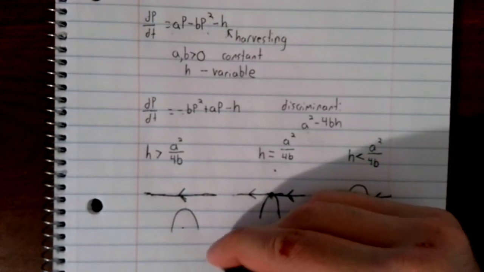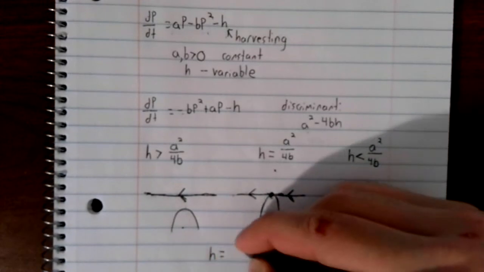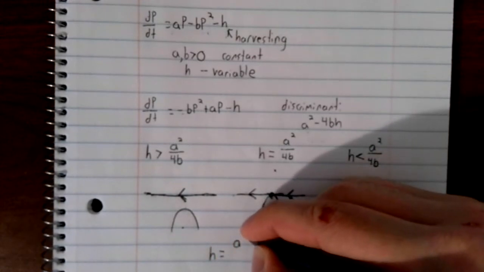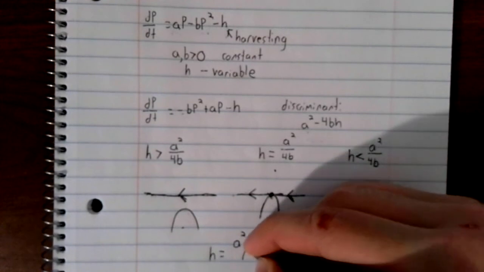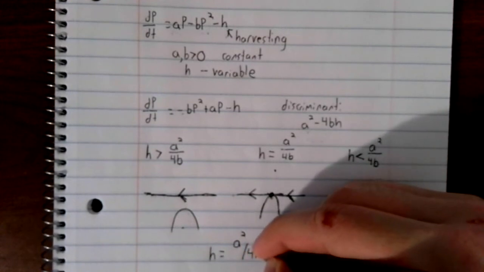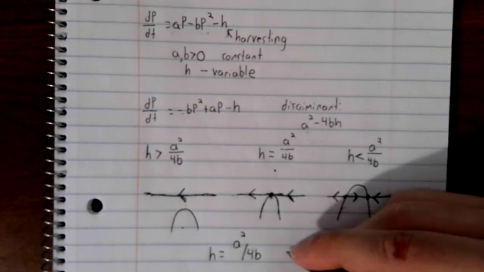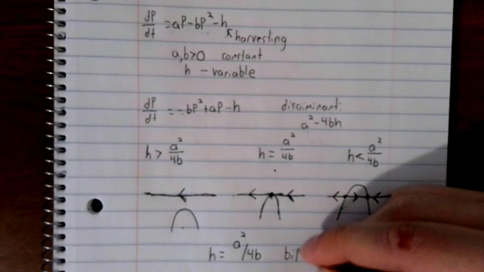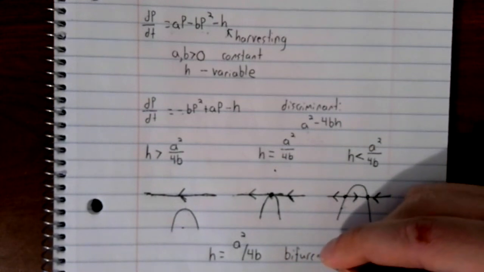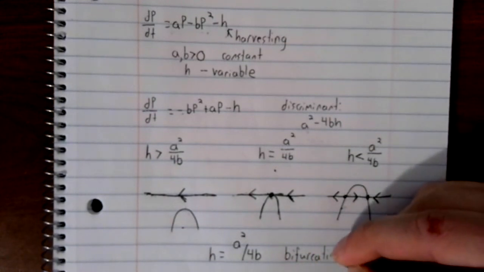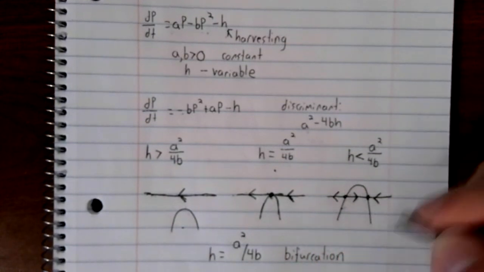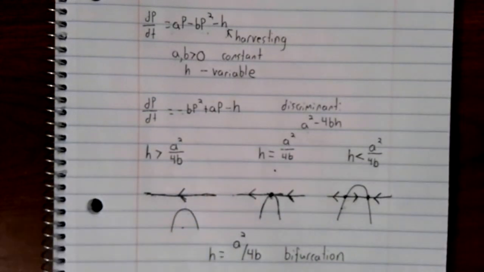So h equals a squared divided by 4b is a bifurcation value.